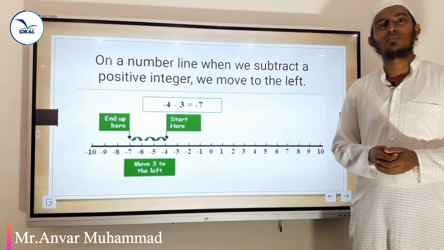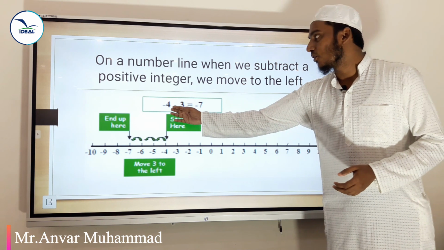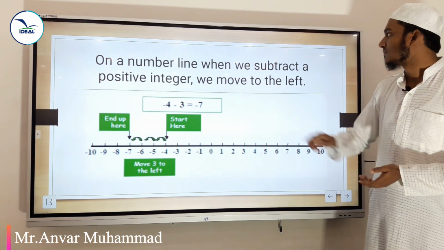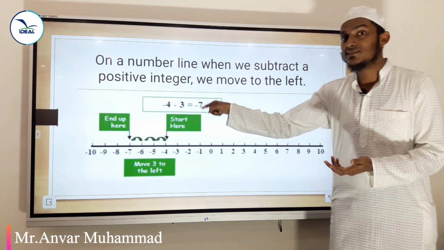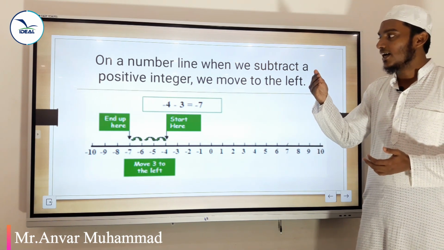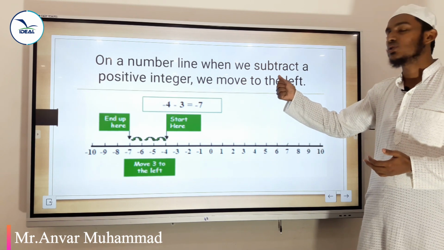So let us see an example. Here it is minus 4 minus 3. So what is the operation? Subtraction. We are subtracting 3, which is a positive integer. So when we subtract a positive integer on a number line, we should move to the left.